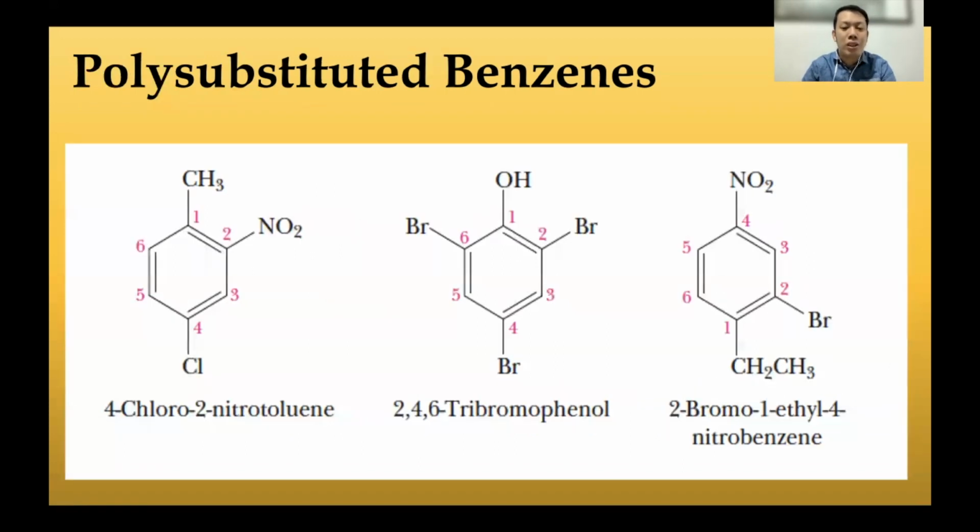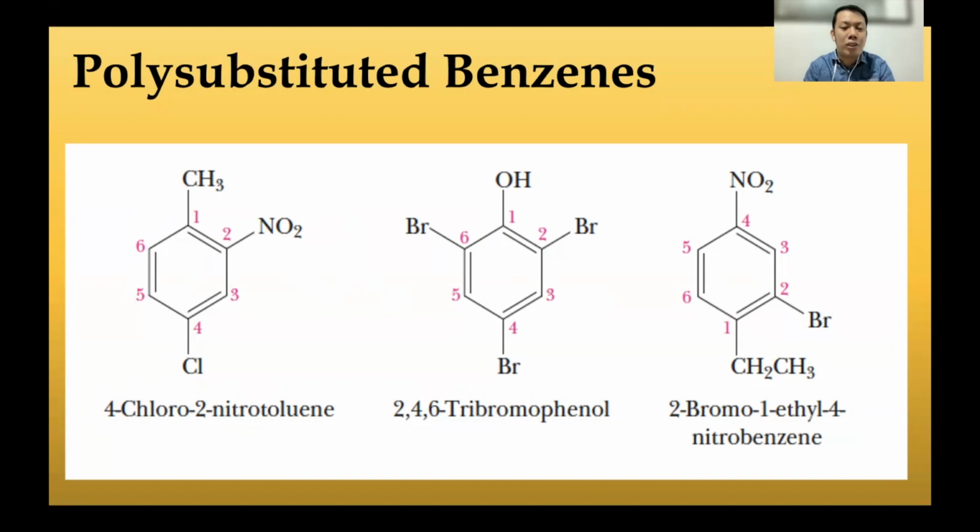So let us now talk about polysubstituted benzene. So in this case, it is poly. So you have to expect that there are three or more substituents. They could be of the same kind or of different attachments.